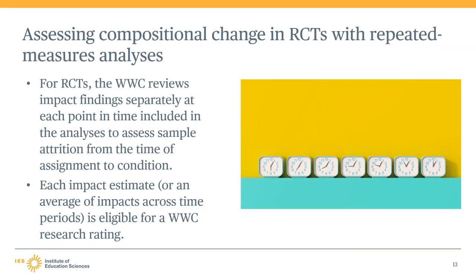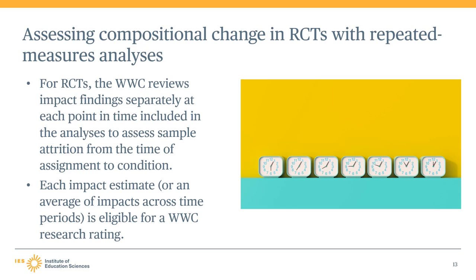Remember that the WWC assesses compositional change, or attrition, in RCTs. So how does the WWC assess attrition in RCTs that use these kinds of repeated measures analyses, where impact estimates are available at multiple follow-up points after the start of the intervention? In these scenarios, the WWC reviews impact findings separately at each point in time included in the analyses in order to assess attrition from the time of assignment to condition.